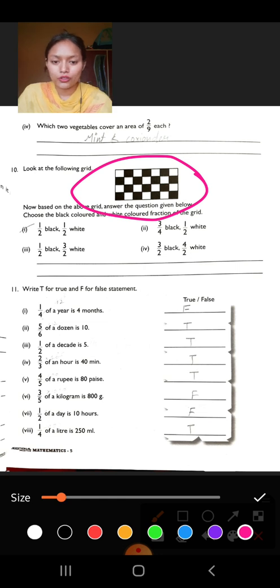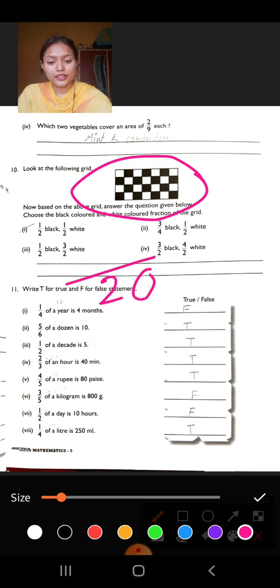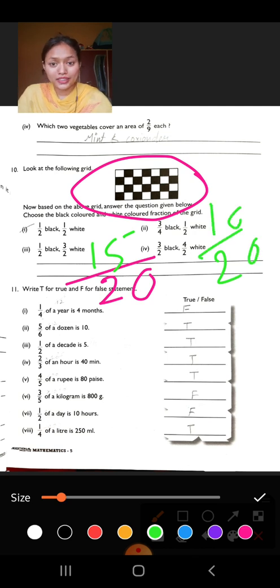First of all, you will count the total number of boxes and then you will write the white ones separately and the black ones separately. Let's suppose there are 20 boxes. So white boxes are 15, like this. Now similarly, you will write the black boxes, 20 by 10, whatever. Okay, so like this you have to do.